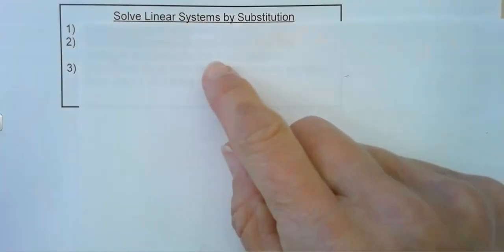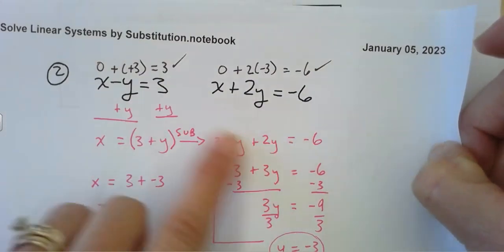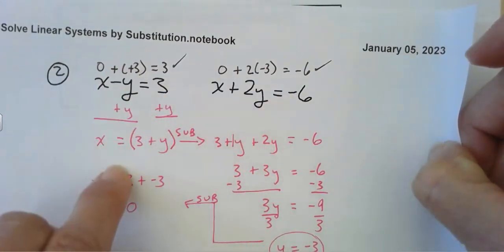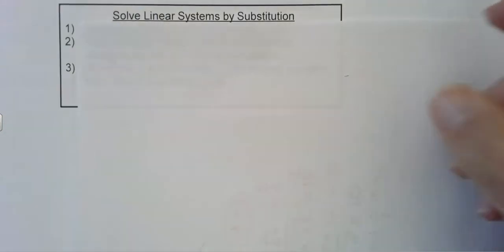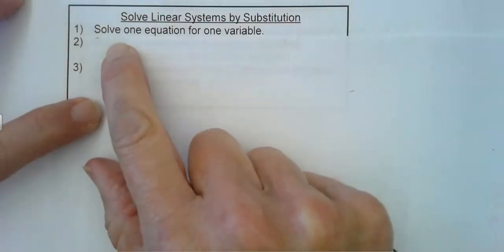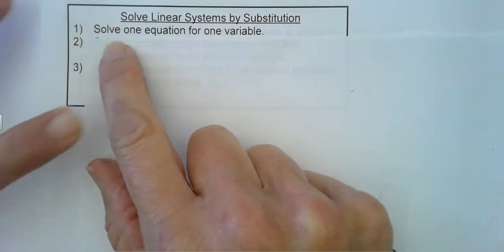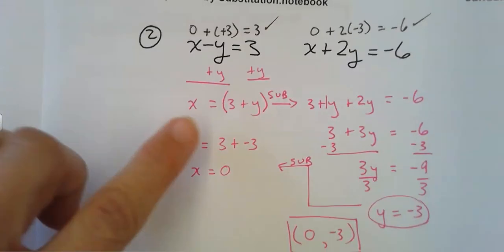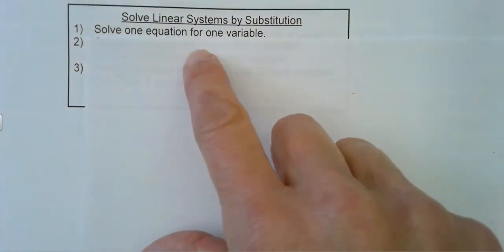So the first thing we did, let's look at number 2 here, was we had to solve for x or solve for y. So we're going to solve for one variable, which, remember our word, isolate, right? A variable. And then we have an expression like this, x equals 3 plus y. Okay, so that's our first step.